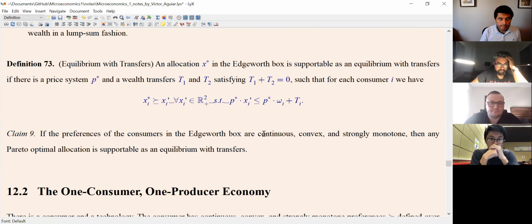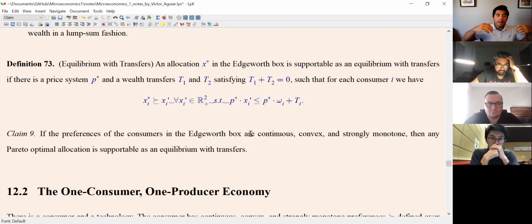What I'm saying here is that I can take basically any allocation that is Pareto optimal and then find a particular tax scheme that is lump sum, so no waste, such that I achieve that Pareto allocation. So I can implement whatever I want from the Pareto frontier. Do you understand? This is a good compromise, given that Pareto allocation doesn't say anything about equality.